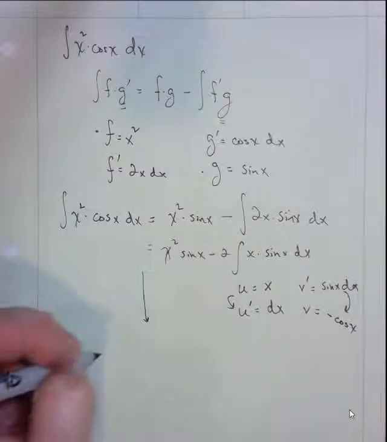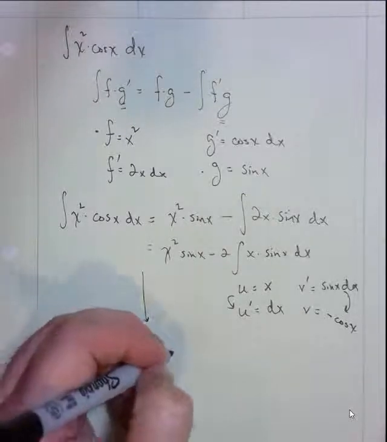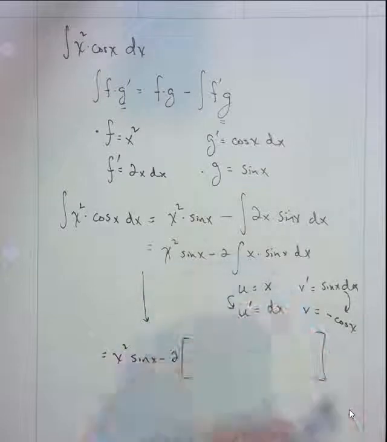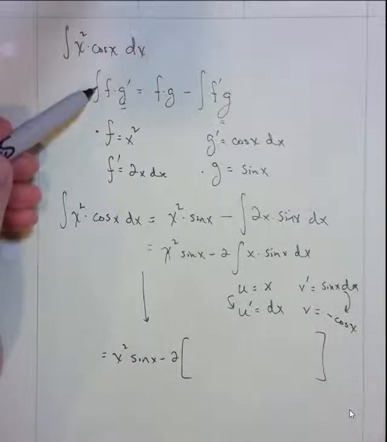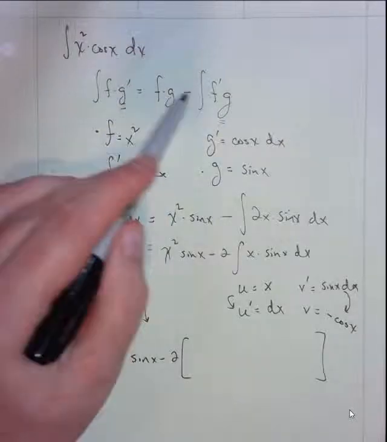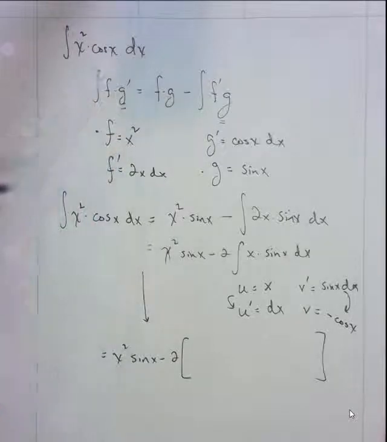So if we carry this down, integration by parts says, now I'm going to consider a version of this written out with u and v prime rather than f and g.